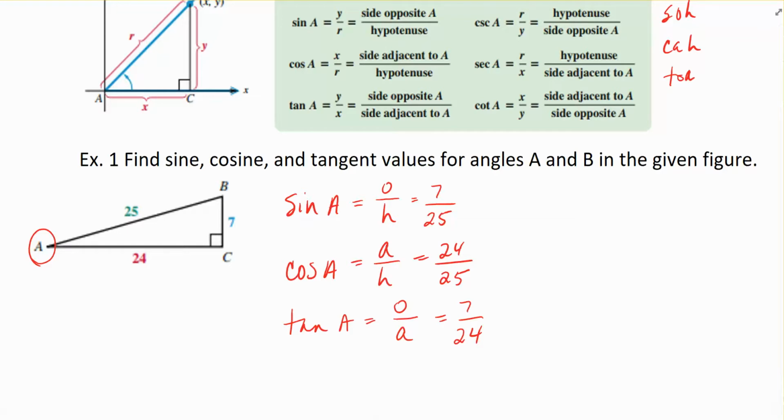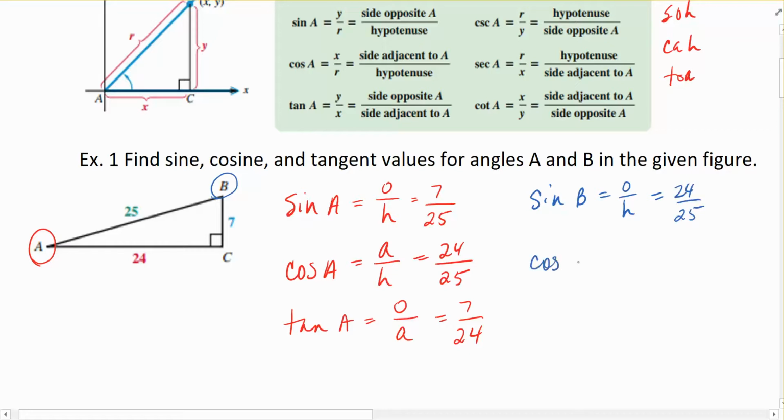Let's come over here and let's do a similar idea when we think about angle B. So I'm going to circle angle B just so that it's clear for us. The sine again of angle B is going to be opposite over hypotenuse. So the side opposite angle B is 24 this time. The hypotenuse is 25.